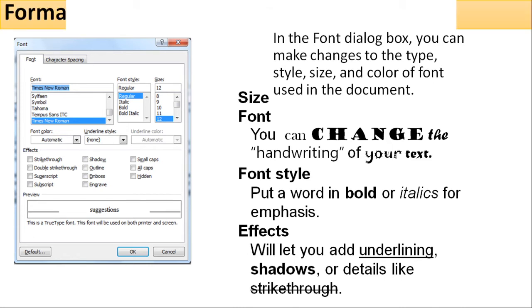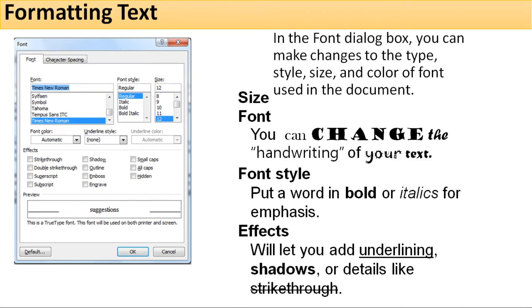For formatting the text, in the font dialog box, you can make changes to the type like style, size and color. This is the font and this is the font style and this is the size of the font.